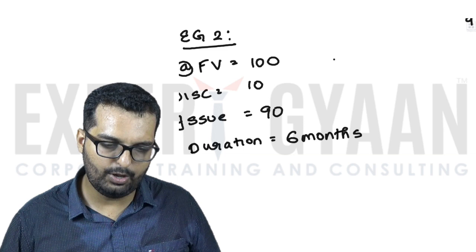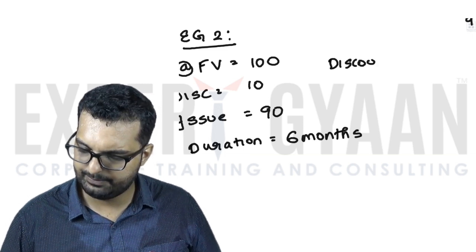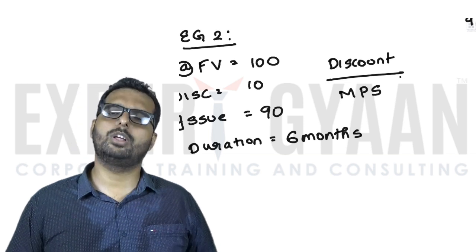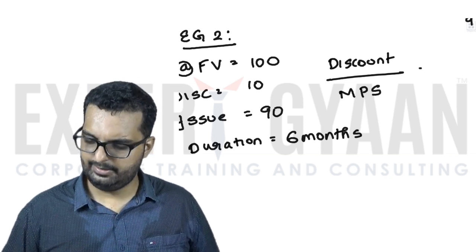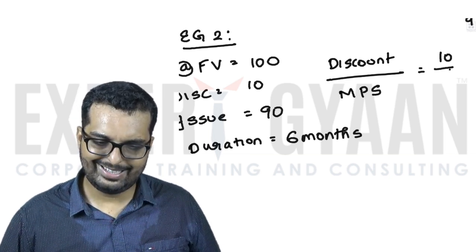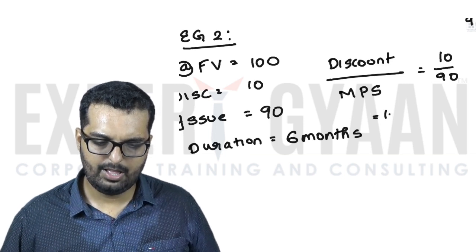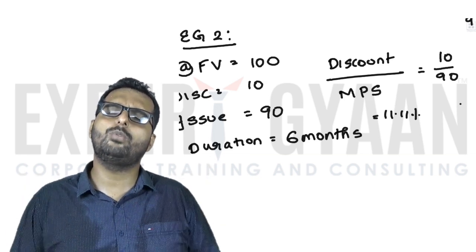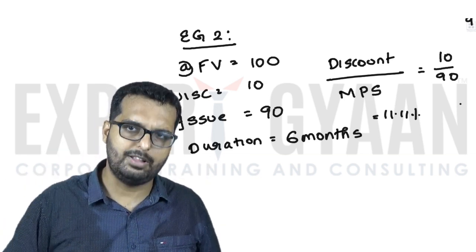I will put the formula for bond equivalent yield, which is discount amount divided by current market price, which is equal to 10 divided by 90. I get the answer as 11.11%. This 11.11% is for 6 months.